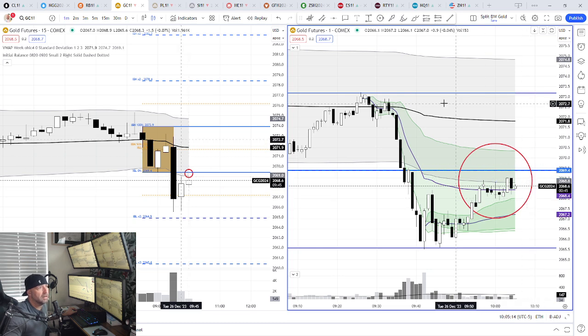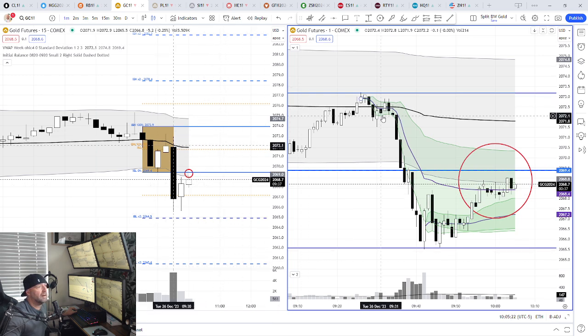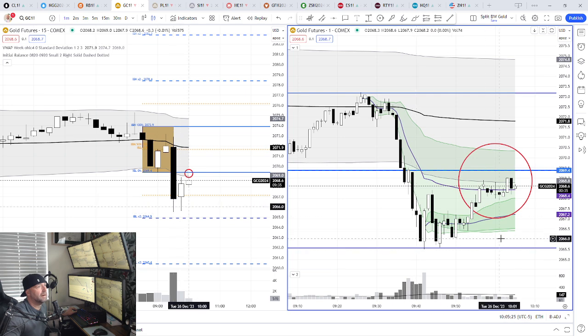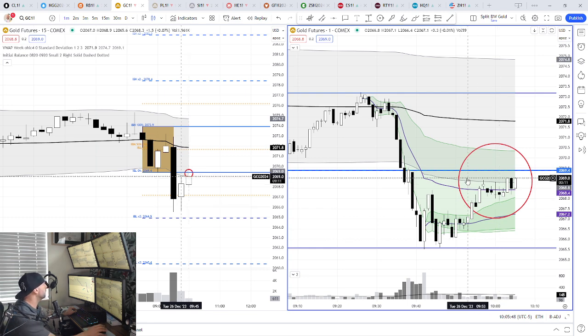Gold's trying really hard to break into value on the session. We had this big sell-off, topped around at the bottom for a little bit. $69.4 is also IB low.